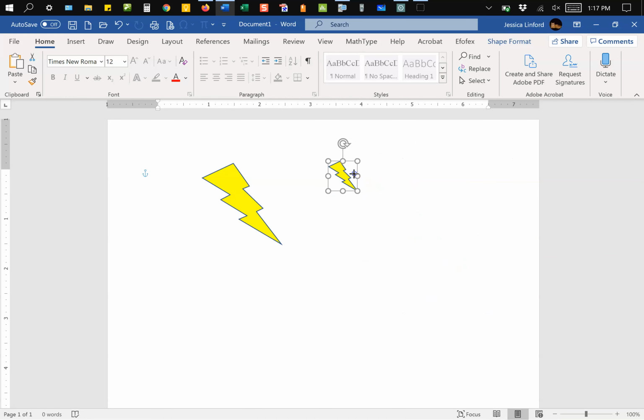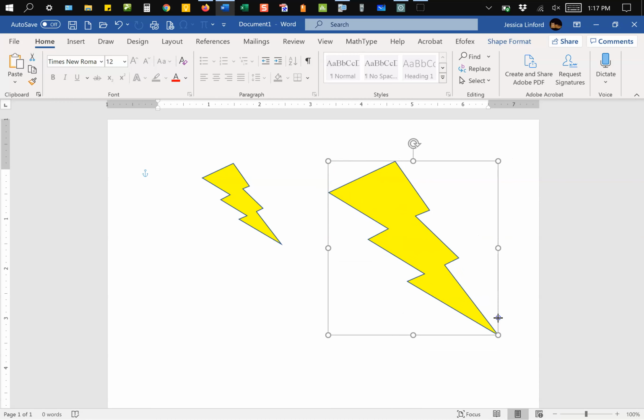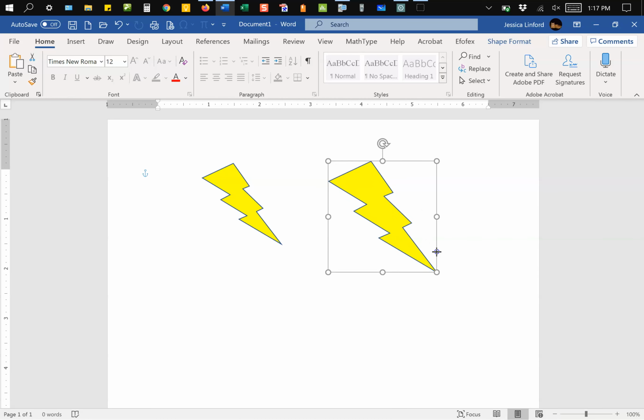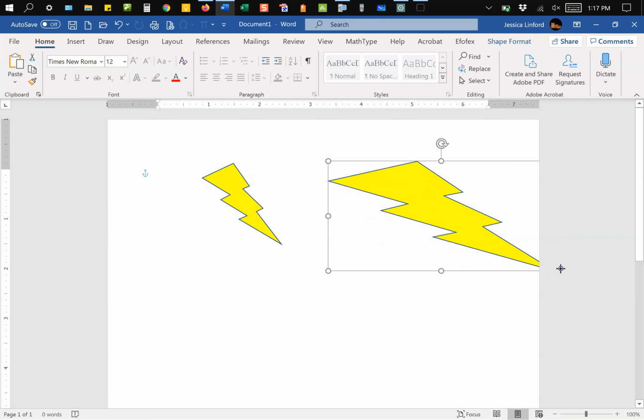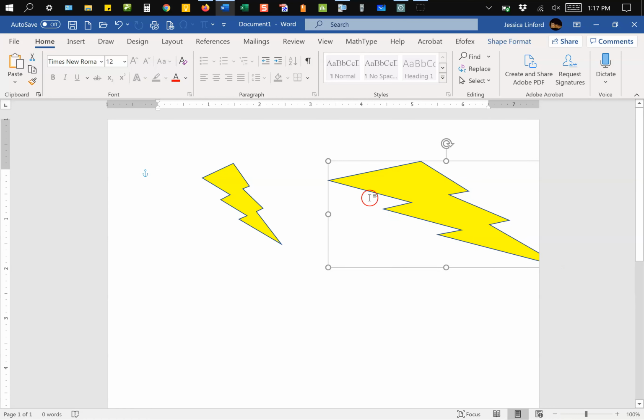But I can also make this be not similar. So if I don't hold down the shift key, I can do something like this. So in this case, the width here, this length right there that I'm pointing at, that got maybe 3 times as long, while this side hardly got longer at all.